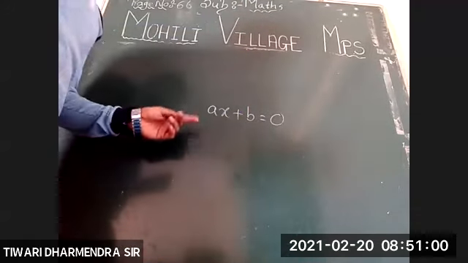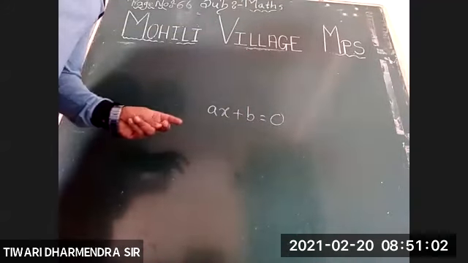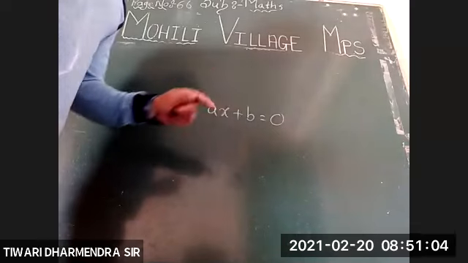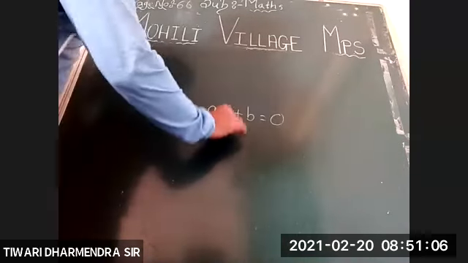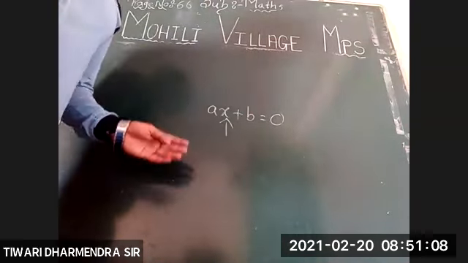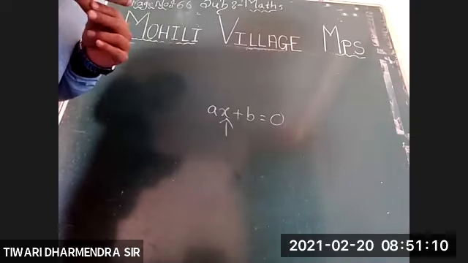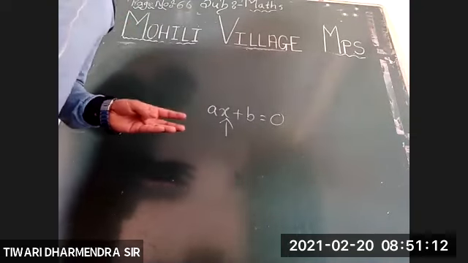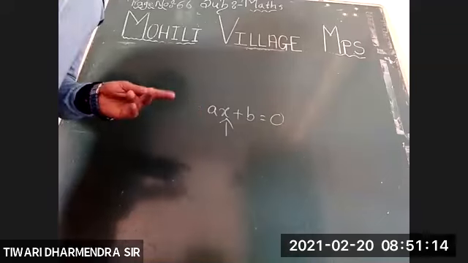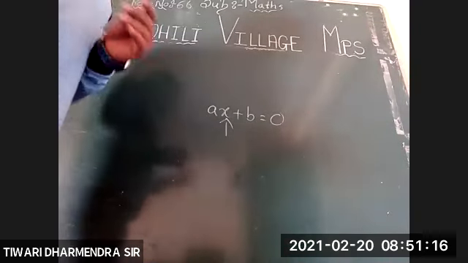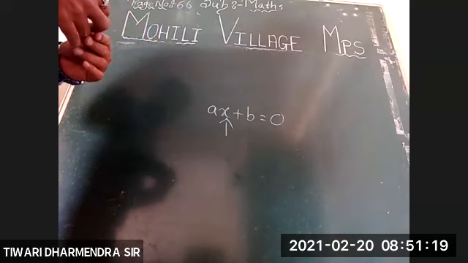So this is an equation in one variable, in the sense that our variable is unknown, which is to be found, and we take it as x or y or m or n, depending.